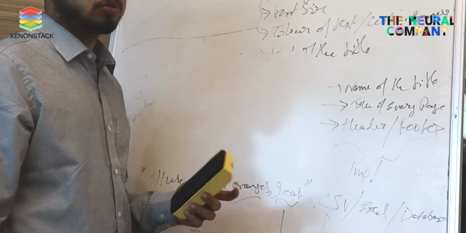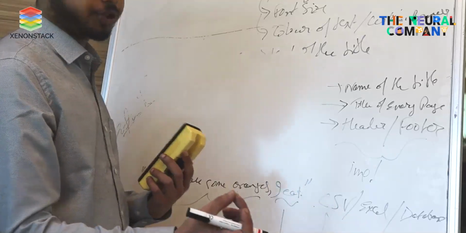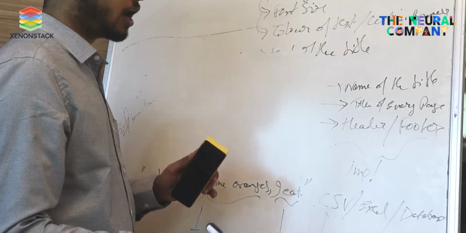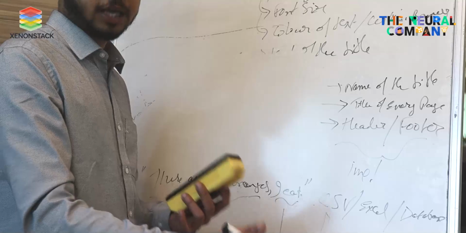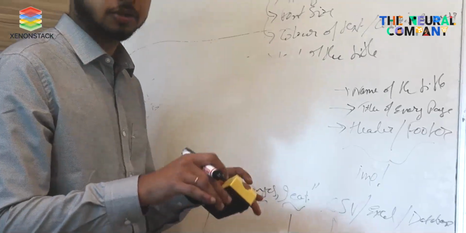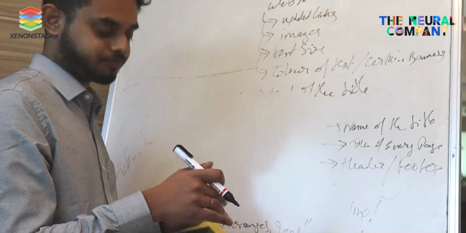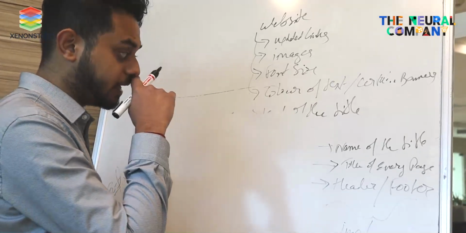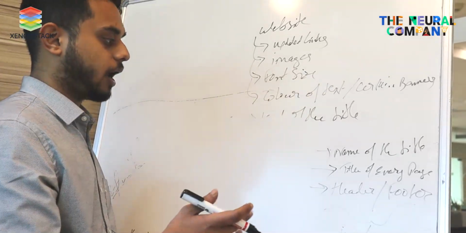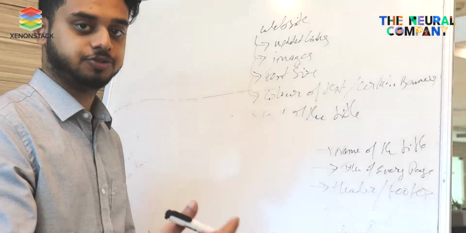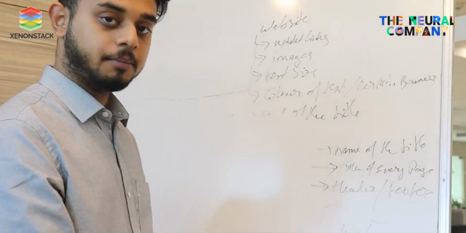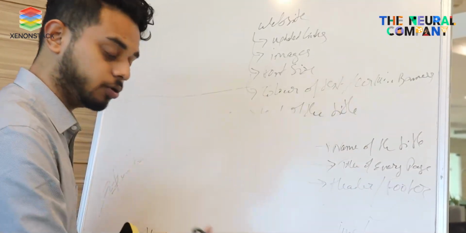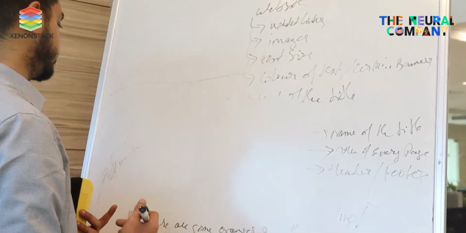They don't know much about the code, so they can't go inside the code and change the content directly. So what I provide them is a CSV file generated as the output of this code automation script.